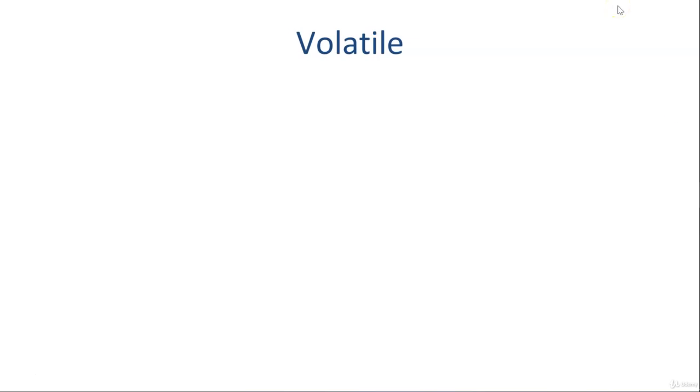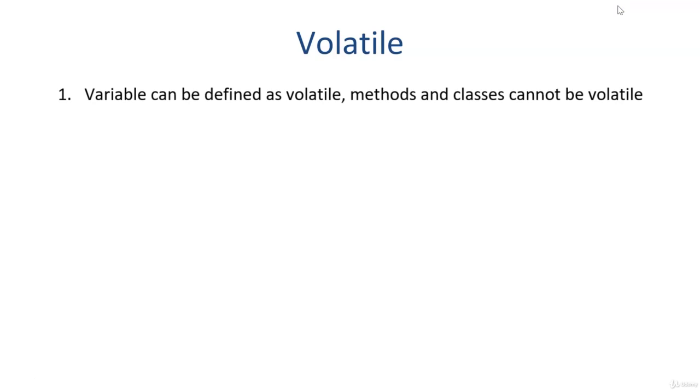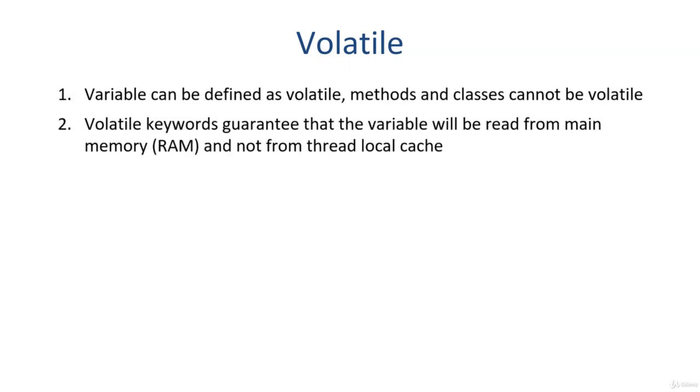Now a few more important points about the volatile keyword. Variables can be defined as volatile. Methods and classes cannot be volatile. The volatile keyword guarantees that the variable will be read from main memory and not from the thread local cache.